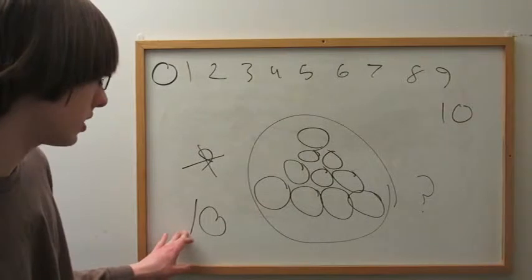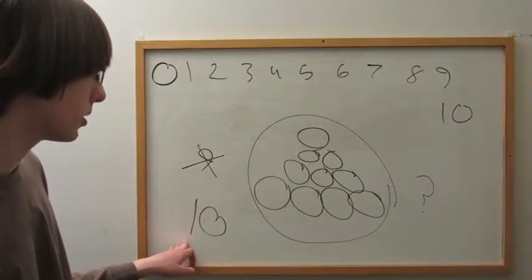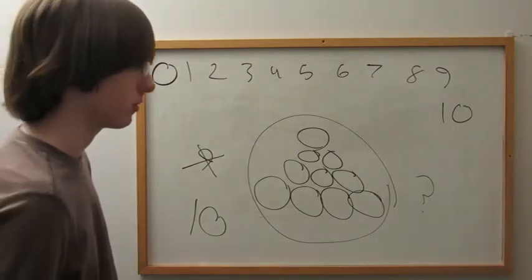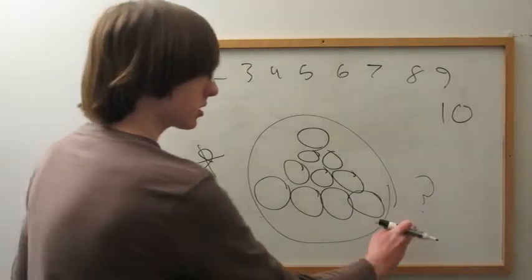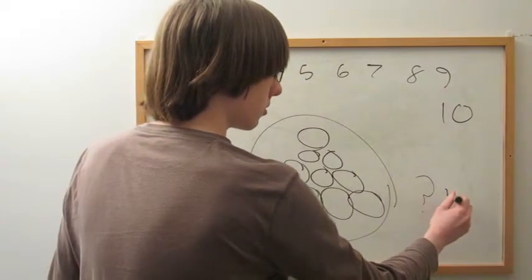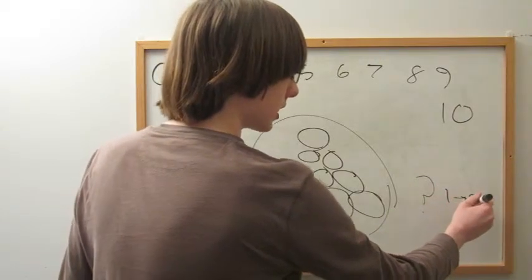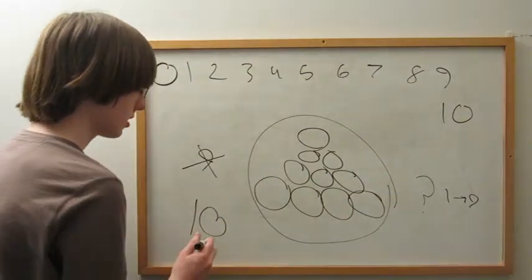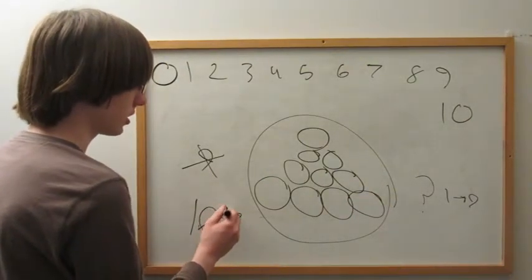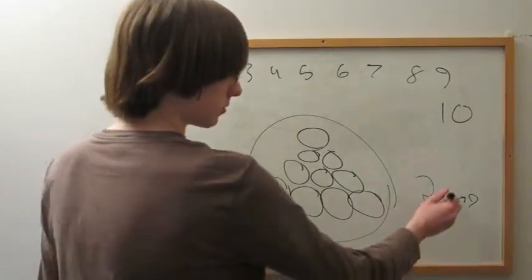So you have 1 filled group and none outside that. That's how you get the number 10. And this question mark here means that you can have a variable number 1 to 9 outside this. So this means a 0 can be 1 to 9, or 0 to 9.